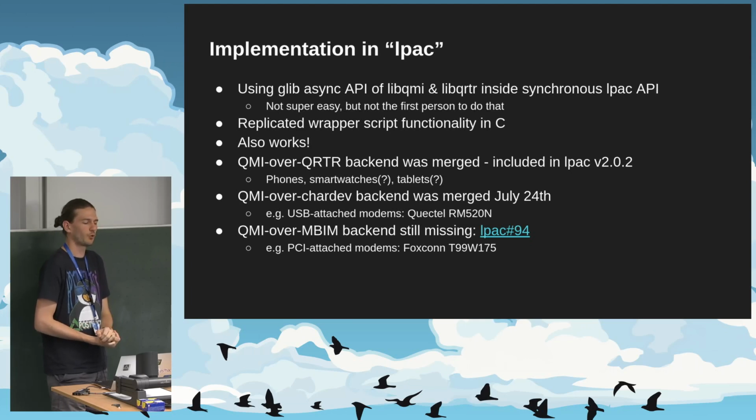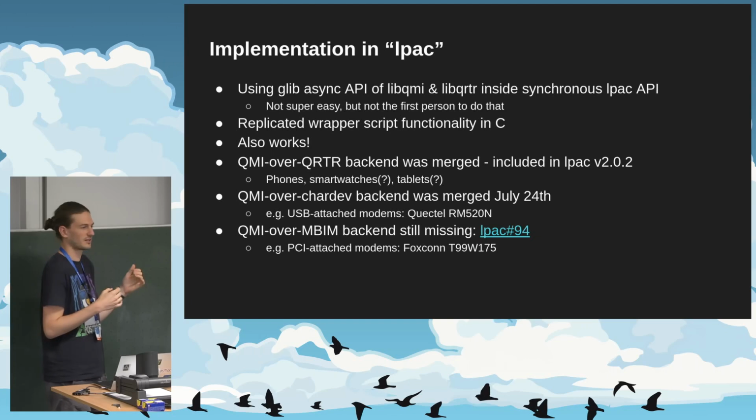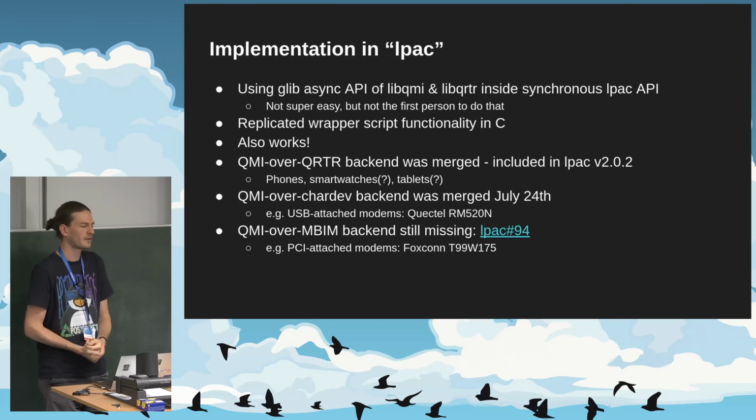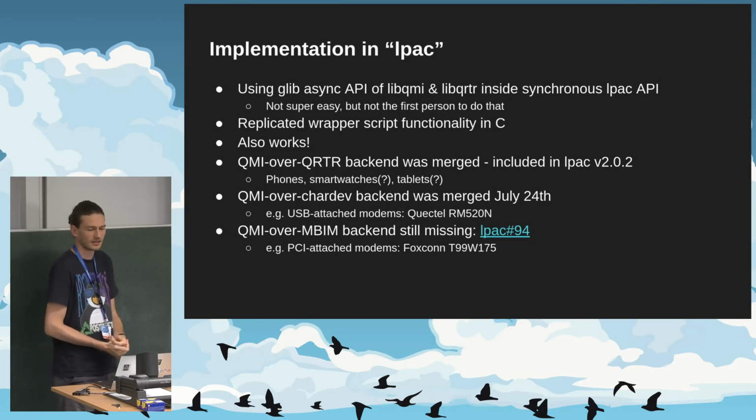This didn't really work inside the LPSC API because that's just a synchronous API. The LPSC core just expects to call one function, open logical channel, and in the same function get the logical channel as a return value. And also there's no glib at all in LPSC. So it wasn't super easy to get it in there.